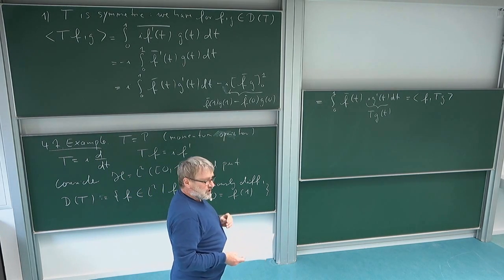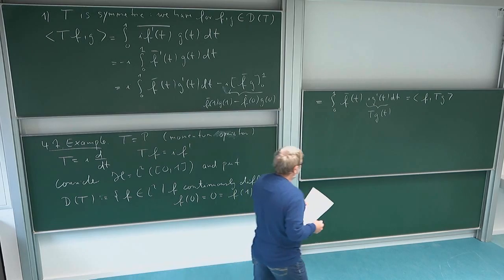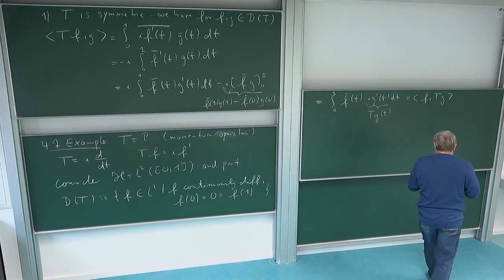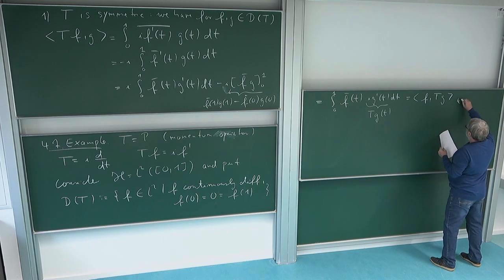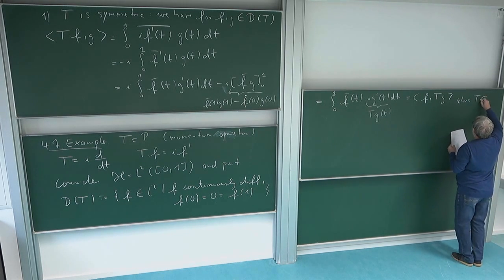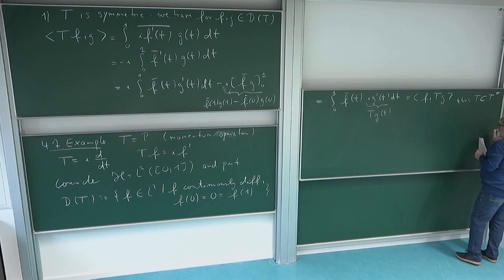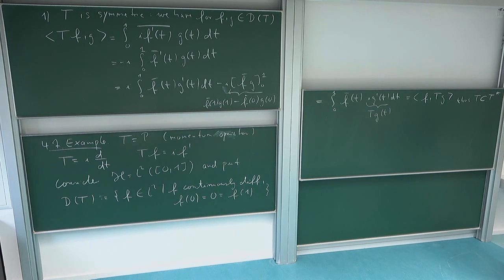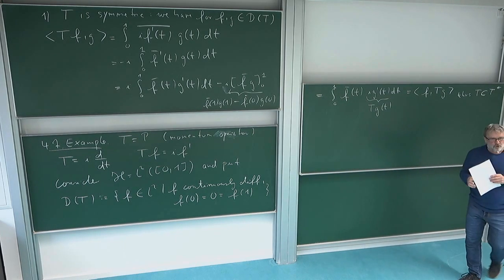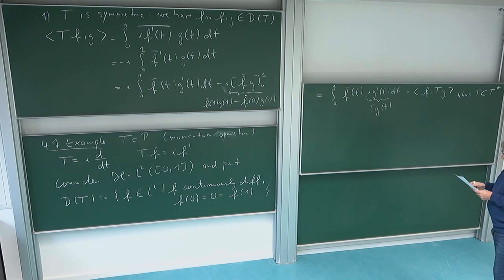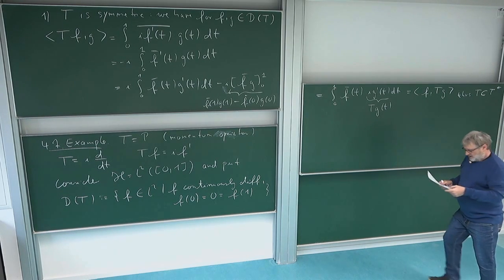And so this tells us this is a symmetric operator, so it's at least a nice operator. In particular, we know it's closable. So this here shows the operator is symmetric, so T star is an extension of T. But the question is, is it now self-adjoint or essentially self-adjoint, or what is T star? That's the crucial question.